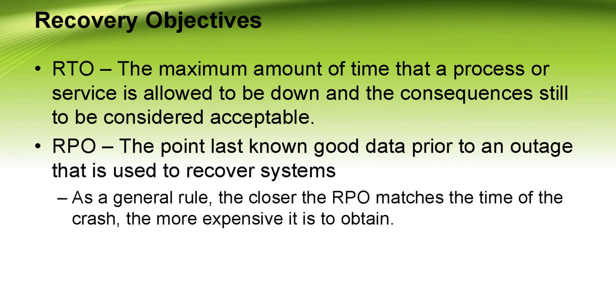The RTO is the amount of time within which a process must be restored after a disaster to meet business continuity requirements. The RTO is how long the organization can go without a specific application. It defines how much time is needed to recover after a notification of process disruption.